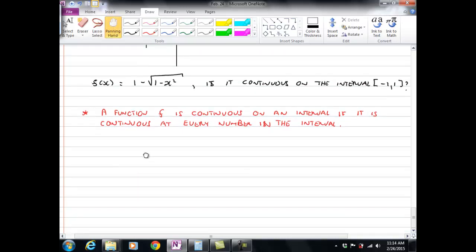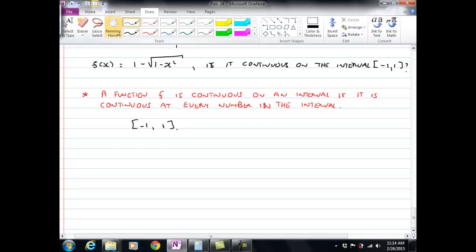If I have an interval -1 to 1, let's focus on this right now, -1 to 1. What I'm going to do is break it down. In order for me to find out if it's continuous on the interval, because a function is continuous on the interval if it is continuous at every number in the interval, I'm going to break it down into two: left side continuity and right side continuity.